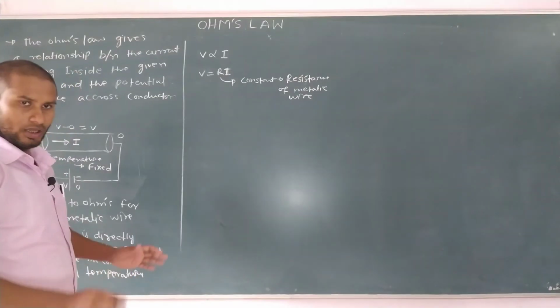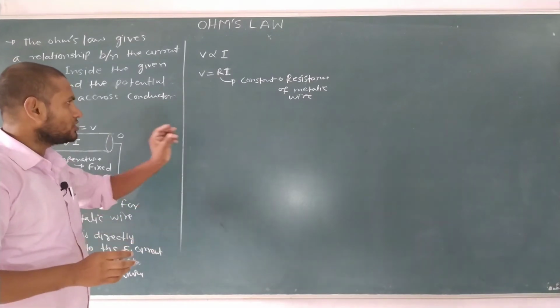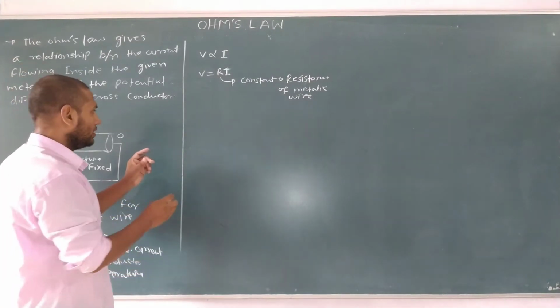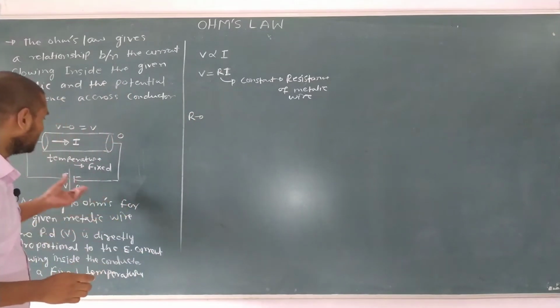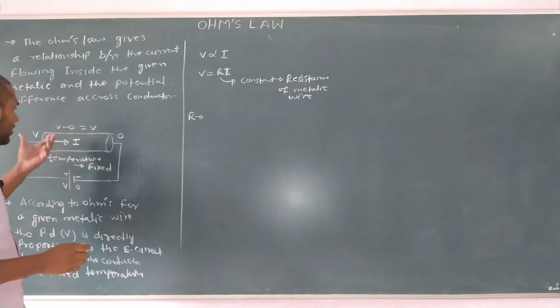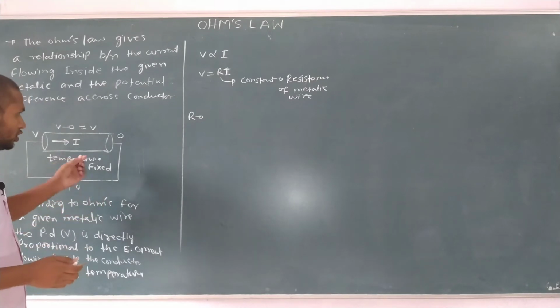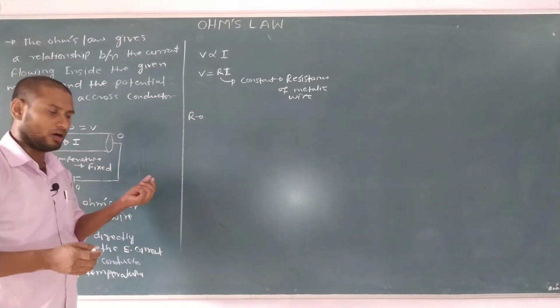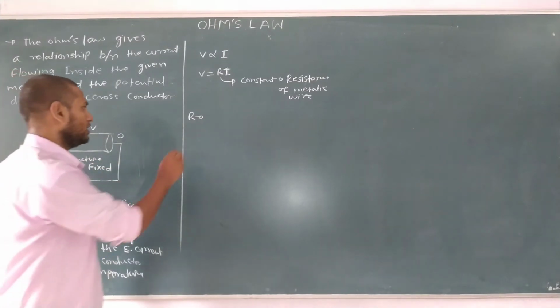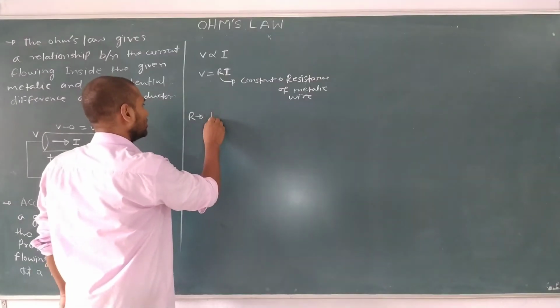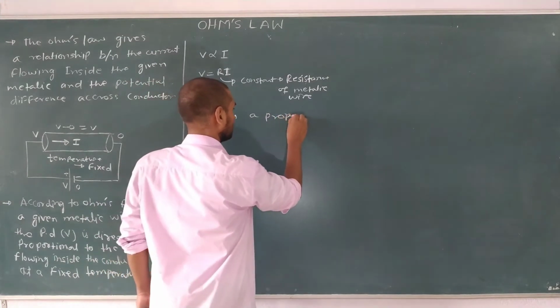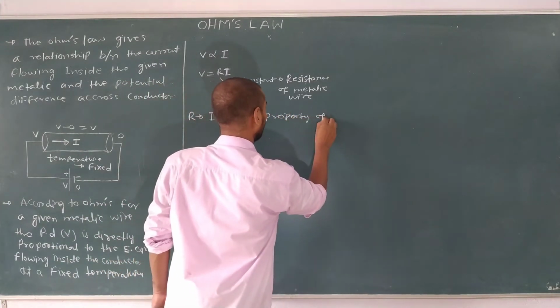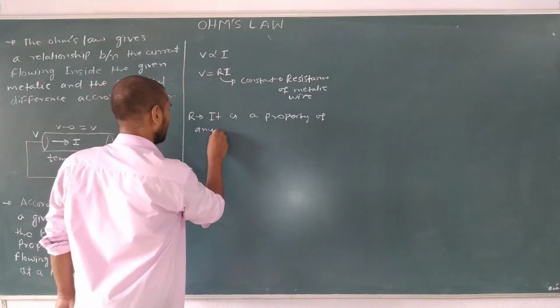And this resistance is a type of constant, and the resistance is defined as the property of any material or any metallic wire or any substance due to which it resists the flow of electric current.